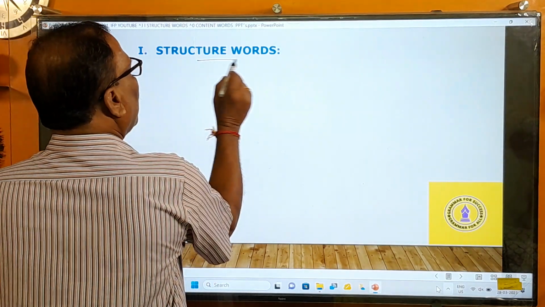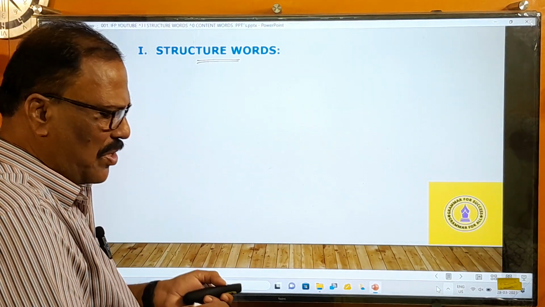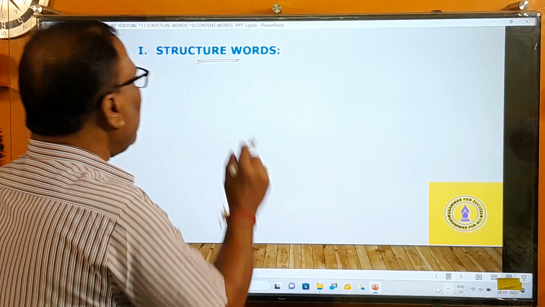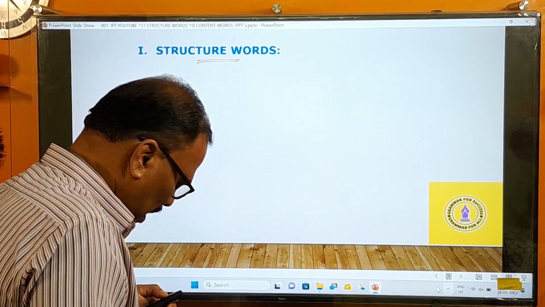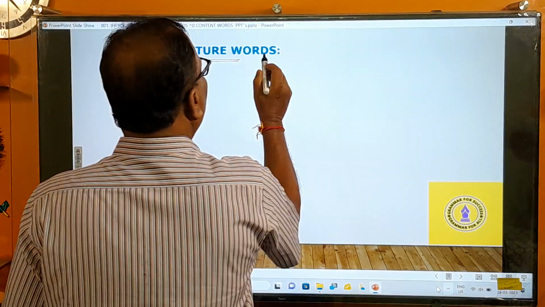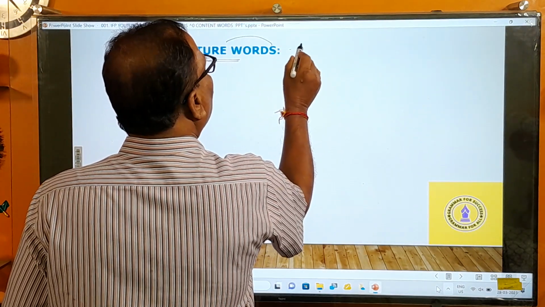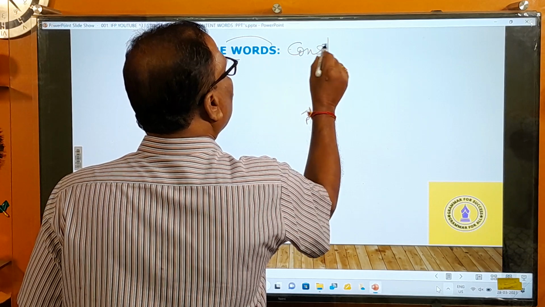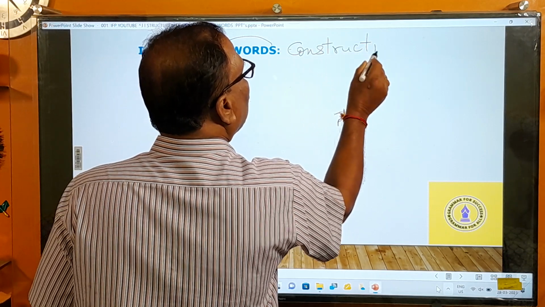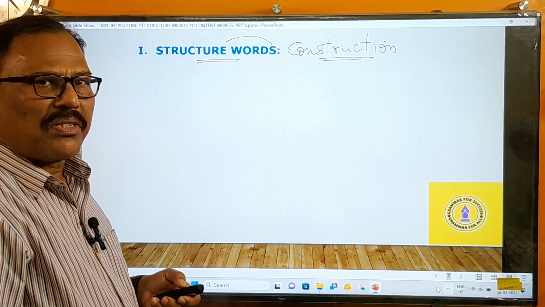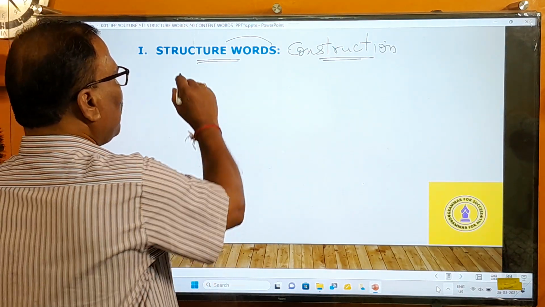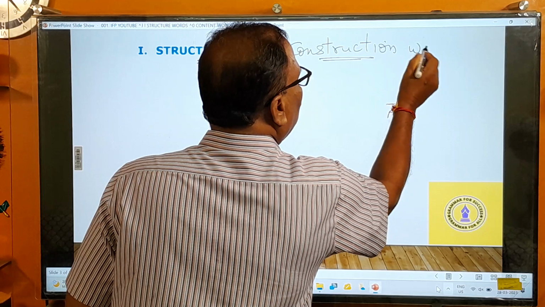Structure words. You see, structure words, the title itself tells us its meaning. Here, structure means, all of you know, construction. Structure means construction, right? Everybody knows this. Construction of what? Structure words then means construction words.